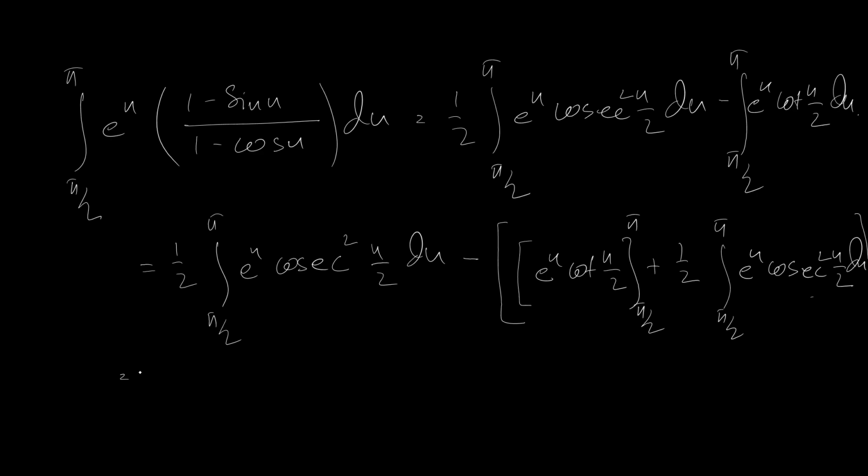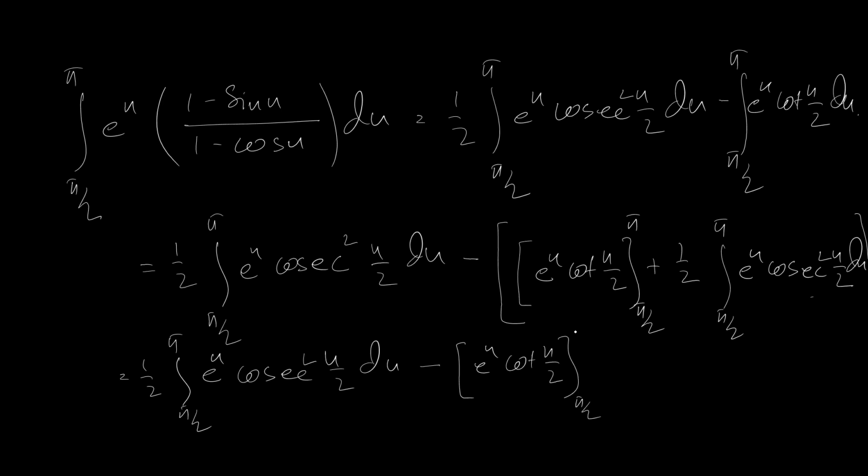So this is equal to 1/2 the integration from pi/2 to pi of e^x cosec square x/2 dx, minus, opening the bracket, e^x cot x/2 from pi/2 to pi, minus into plus will be minus 1/2 the integration from pi/2 to pi of e^x cosec square x/2 dx.